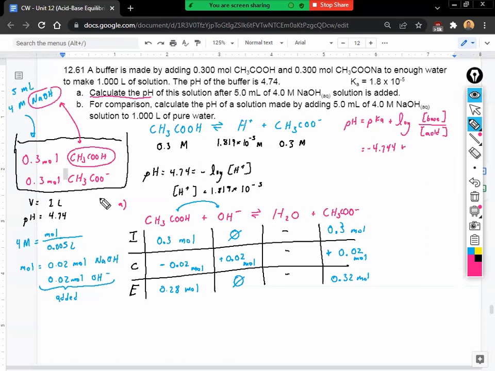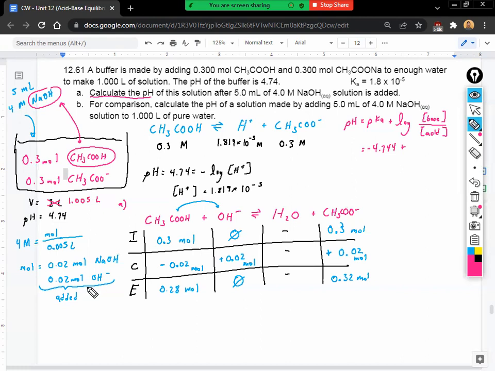So if our starting volume was 1 and we added 5 milliliters, we have a new volume, because we added some liquid that changes the volume. So the new volume is no longer 1. It's going to be 1.005 liters. I know, it's kind of annoying. It's going to make a very small difference, but they will look for that in the calculations on the AP test.